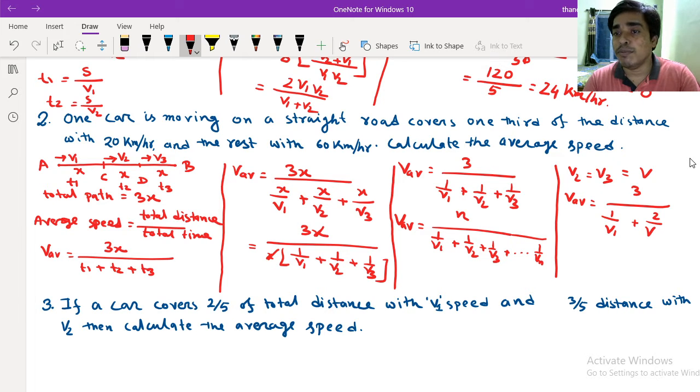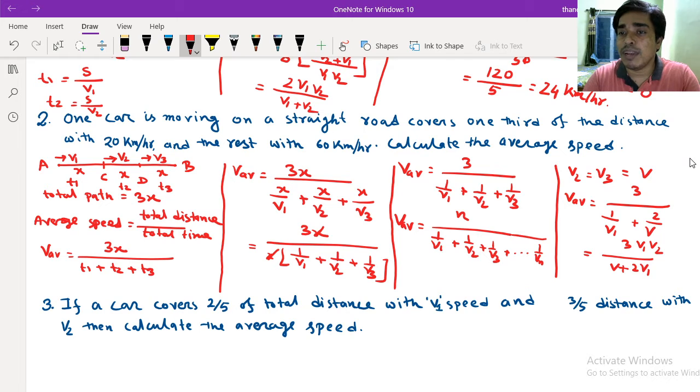So suppose this is V, then 1 by V1 plus 2 by V. So this will be 3, and here will be V1 into V2, and here is V plus 2 V1.